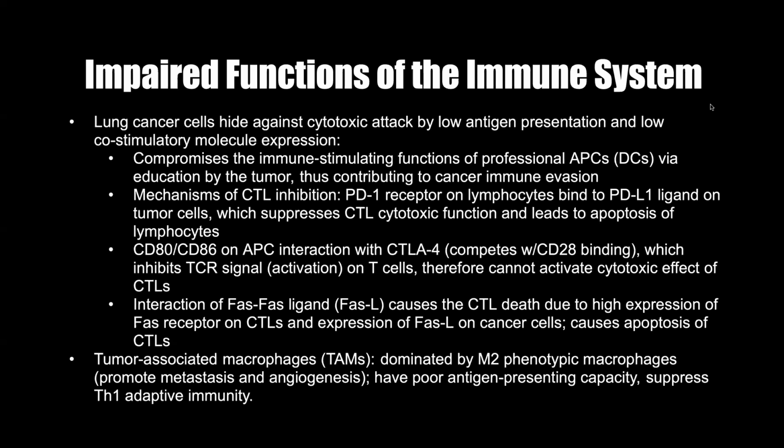Also, we have the CD80 and CD86 on APCs that interact with the CTLA4 and competes with the CD28 binding, which inhibits TCR activation on T cells, therefore inhibiting the activation of cytotoxic effects of these cytotoxic lymphocytes.